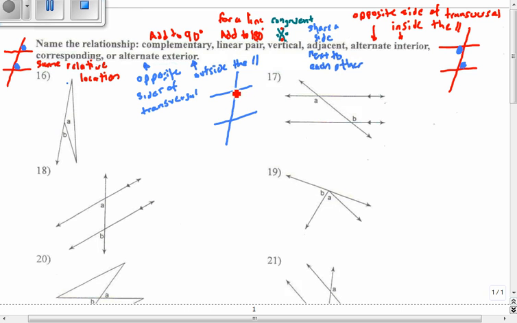So we went outside the parallel lines, we went opposite sides of the transversal. So you tell me, are these supplementary or congruent? They're congruent. So look at the pattern here. When we have alternate interior or alternate exterior, they are congruent.